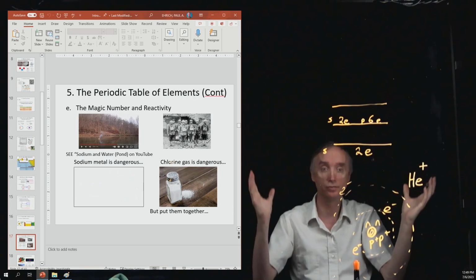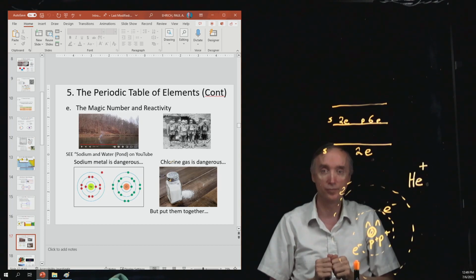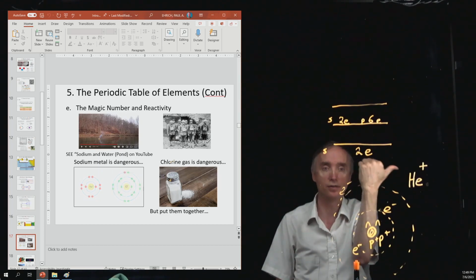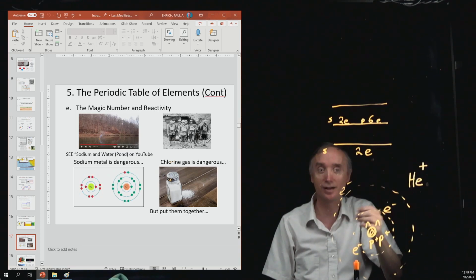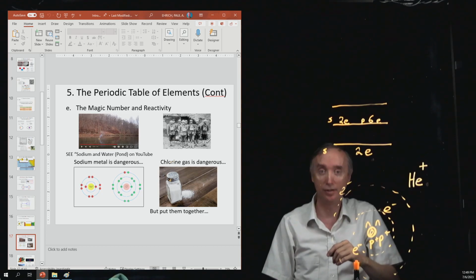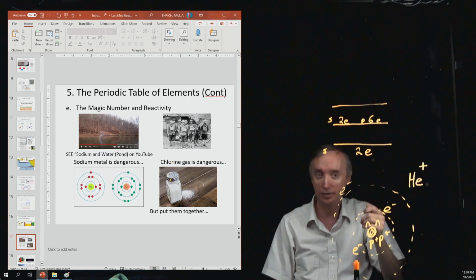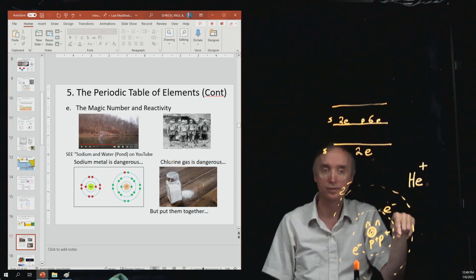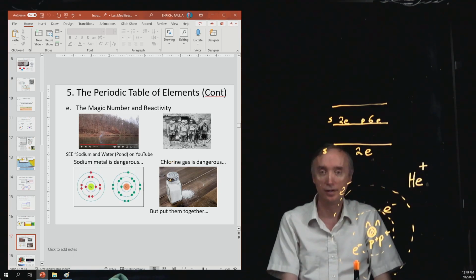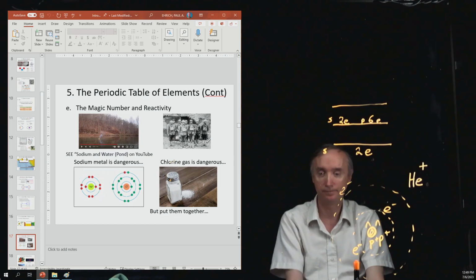It explodes. Very reactive. Chlorine, okay, it is on this side of the periodic table right next to column 8. It's in column 7. It wants 8. It's highly reactive. So the closer the valence number gets to either 0 or 8, the more reactive the element is going to be.